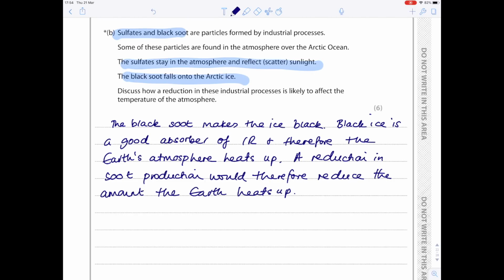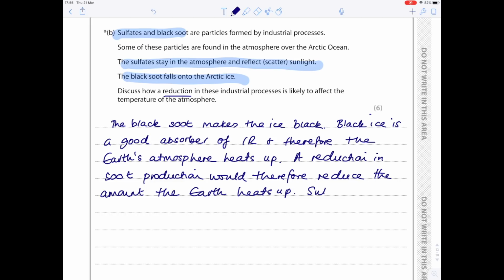For completeness sake, we now need to look at the sulfates. It says that the sulfates stay in the atmosphere and reflect the sunlight, and therefore by reflecting that infrared radiation, it means that less infrared radiation will reach the Earth, and so the atmosphere will be cooler. So we need to make that point before we then answer the bit about how its reduction would alter the Earth's atmosphere.